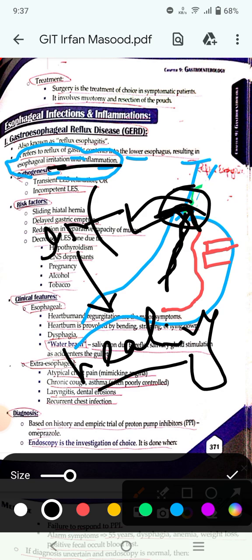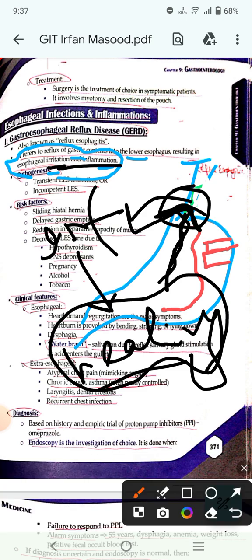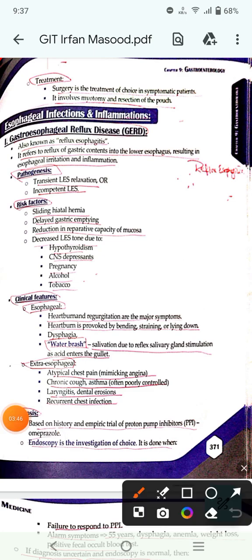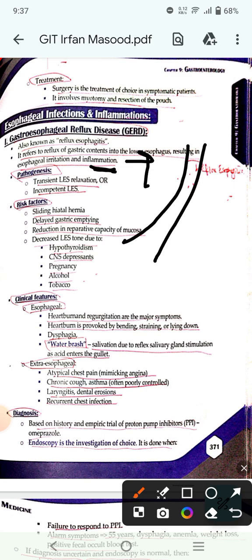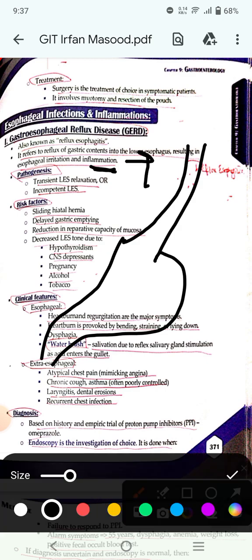And if this healing process is repeated again and again, a fibrous tissue will form here. Just suppose that this reflux is occurring again and again, inflammation is occurring again and again, and the healing process is continuous, and it goes on and on, due to which it will cause the formation of fibrous tissue in the lower portion of the esophagus.